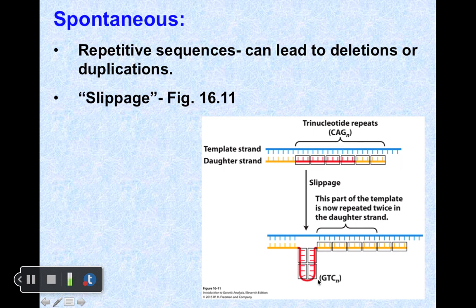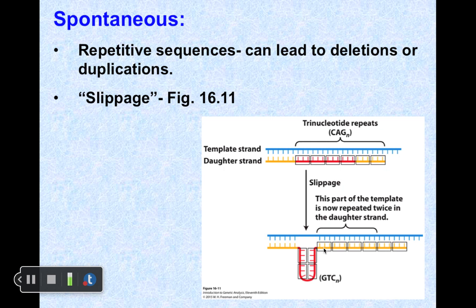But ultimately, that can lead to a situation like we see here, where we form multiple extra copies of a repeated sequence. So in this illustration, we have 1, 2, 3, 4 extra copies of the trinucleotide repeat. So ultimately 12 extra bases here. So what we're doing is essentially, in this instance, we're producing DNA that is now longer than it should be.